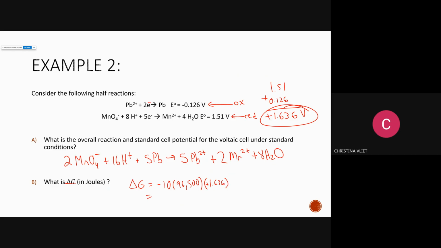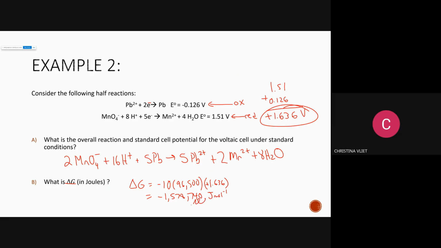And then that gives me some crazy large number, like negative 1.5 million. When you see a crazy large number for delta G, what should that communicate to you? It's in joules. So just for yourself, if you don't remember, just think about it. Oh my gosh, that's in the millions or the hundreds of thousands. That means it's got to be in joules. But you want it to be in kilojoules.